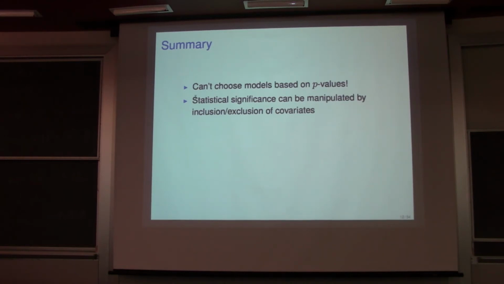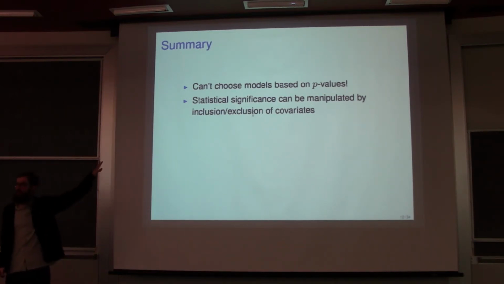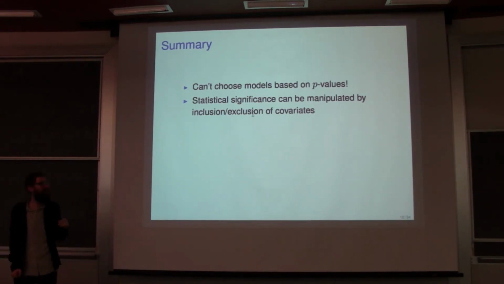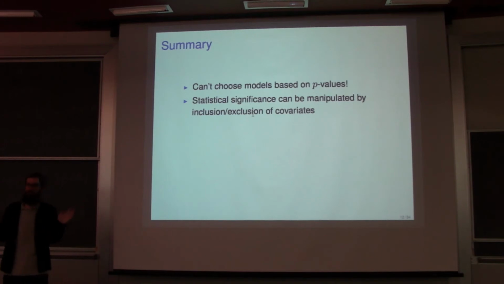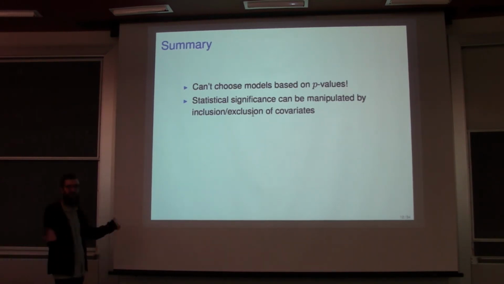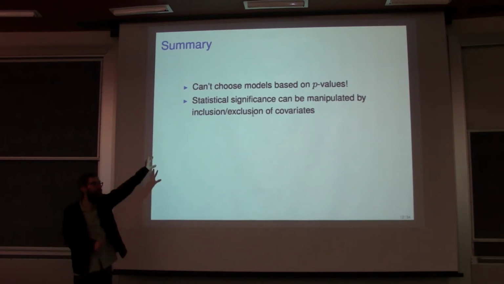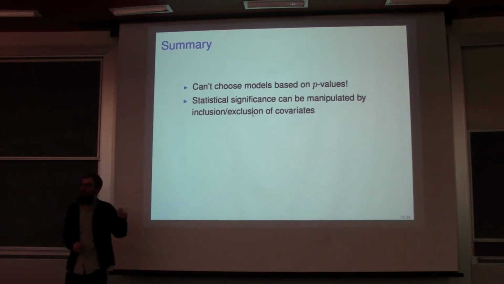The other conclusion is that if you are evil, you can manipulate your results, write a paper, publish some result, or put out a press release saying that something's correlated to something, or that something causes Alzheimer's disease, just by manipulating covariates.